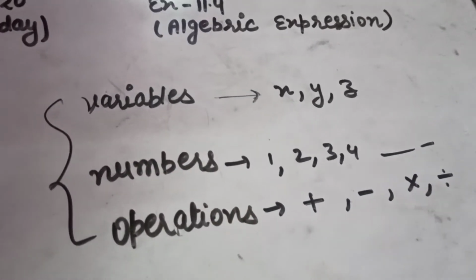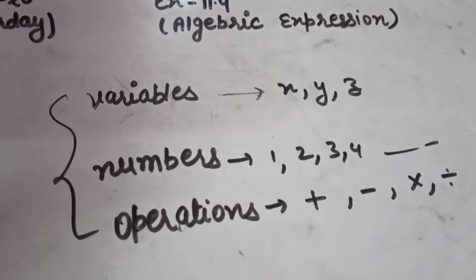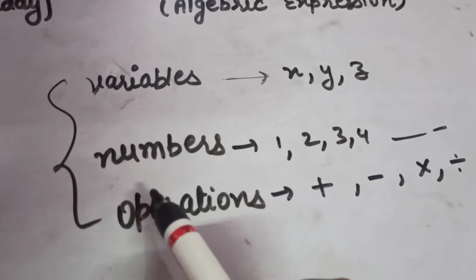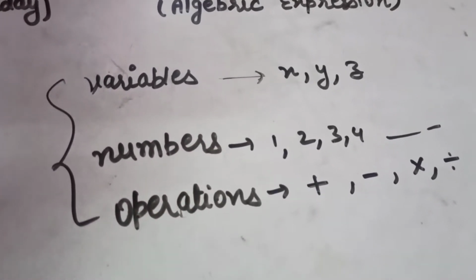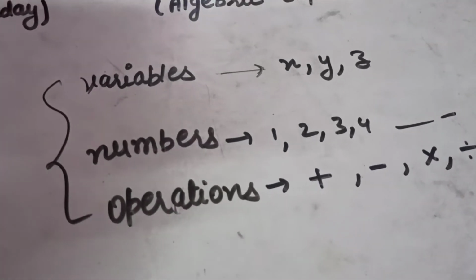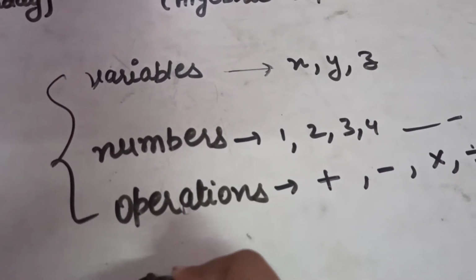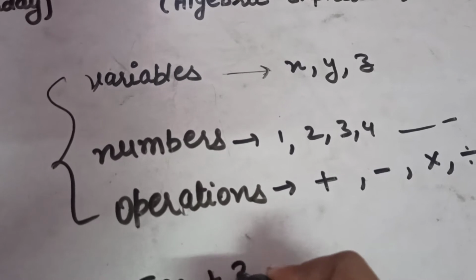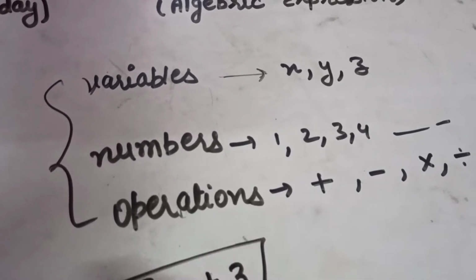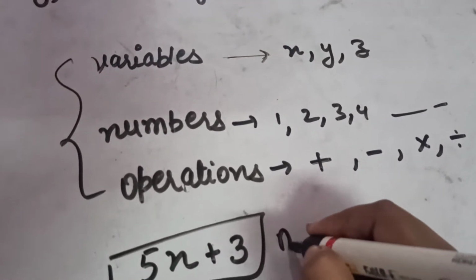Now, a mathematical expression that contains variables, numbers and operations is called an algebraic expression. Like 5x plus 3. This is an algebraic expression.